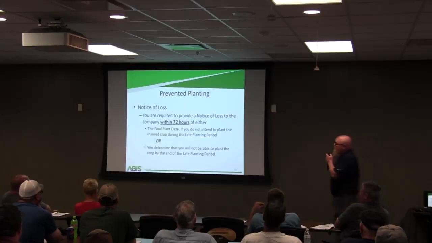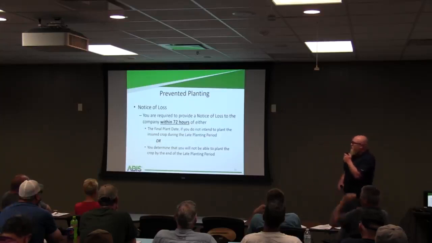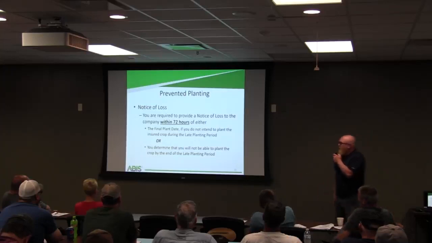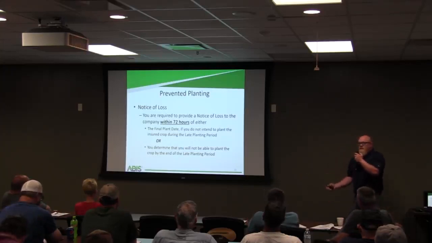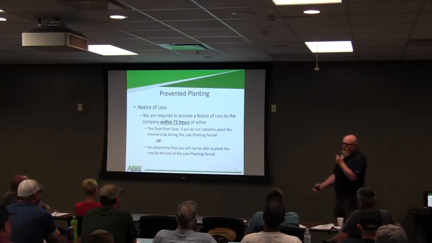For notice of loss, you're required to provide a notice of loss to the company within 72 hours after the final plant date if you don't intend to plant through into the late planting period, or no later than the end of the late planting period. So we can't take a prevented planting claim today, however, tomorrow we could.